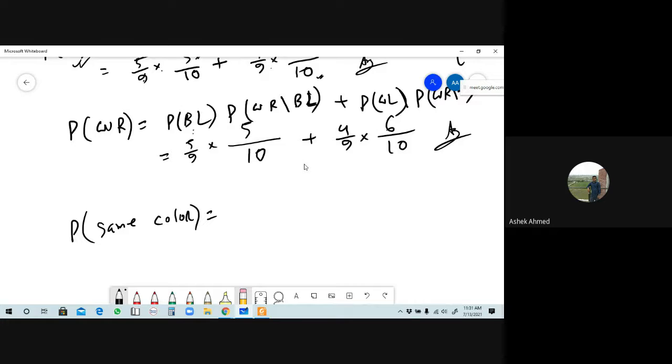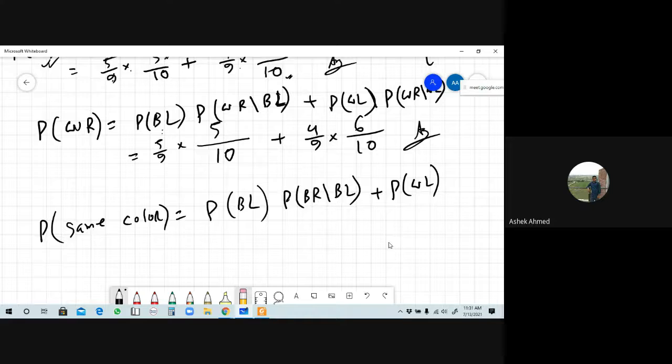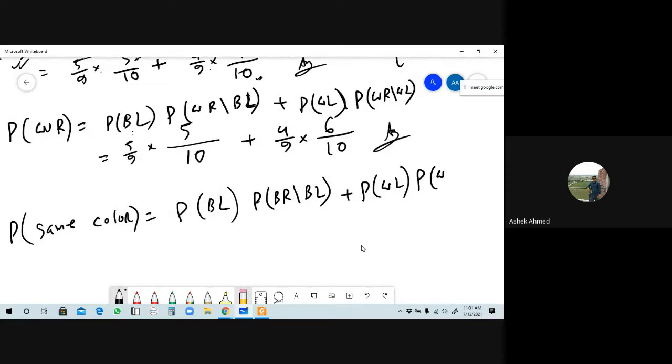For the same color, what do we have to do? The probability of BL from the left pocket, and for the right pocket, the same color, that means the probability of BR given BL, plus the probability of WL from the left pocket, and from the right pocket we need white, that will be the probability of white from the right pocket given white from the left pocket. Okay, this is our result here.